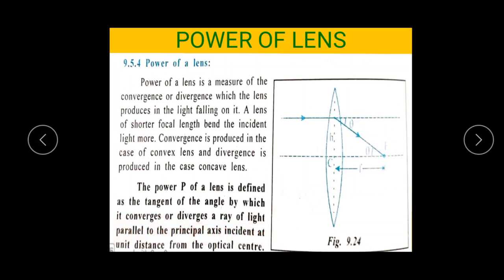That is what we call the power of a lens. How much it converges or diverges is measured by the tangent of the angle, and that shows the power of the lens.